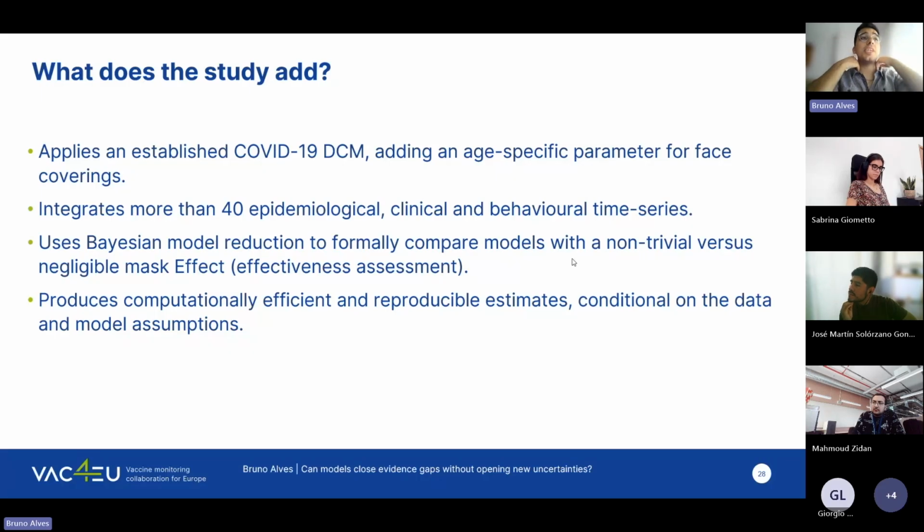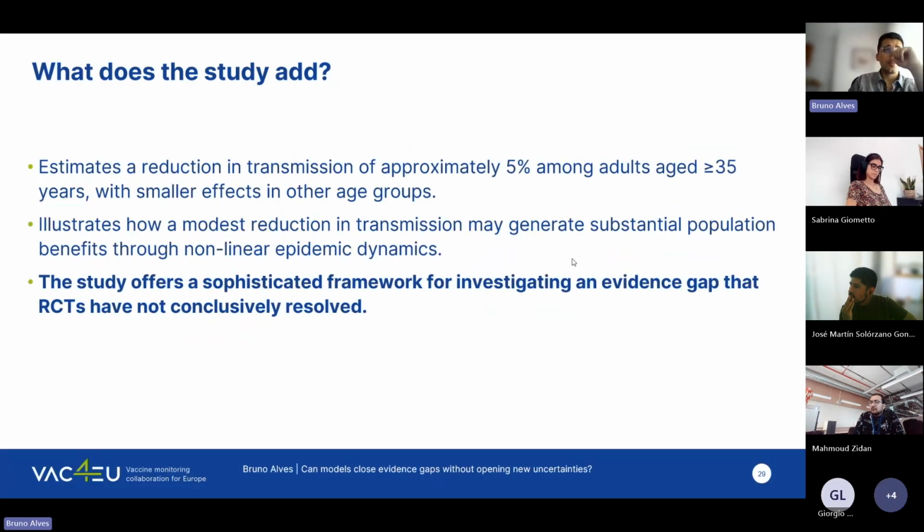It also used Bayesian model reduction to compare models with a non-trivial effect versus a non-significant effect for this effectiveness assessment. And it produces efficient and reproducible estimates, which are conditional on the data quality and model assumptions.